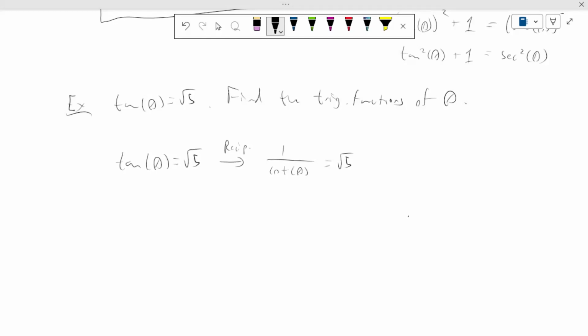All right, so 1 over the cotangent of theta is equal to square root of 5, right? Now, if I have that this fraction is equal to this, then if I take reciprocals on both sides of the equation, I'll get that cotangent of theta is equal to 1 over the square root of 5, right? The reciprocal of the left-hand side is equal to the reciprocal of the right-hand side, right? So I just took reciprocal on the left-hand side and on the right-hand side.